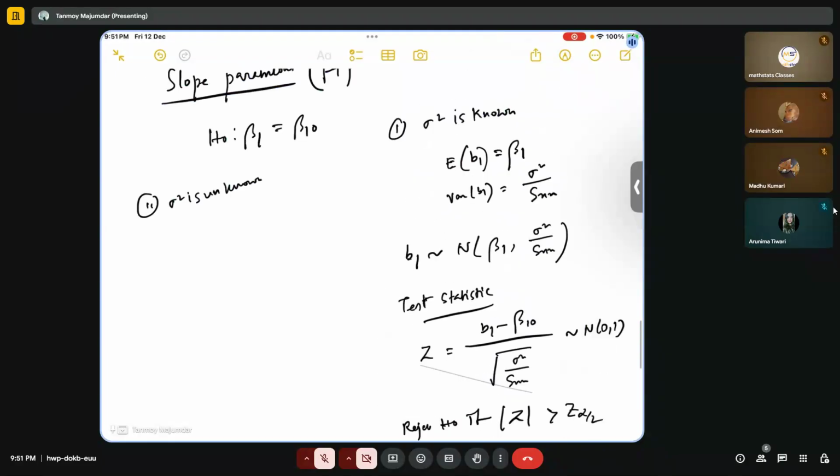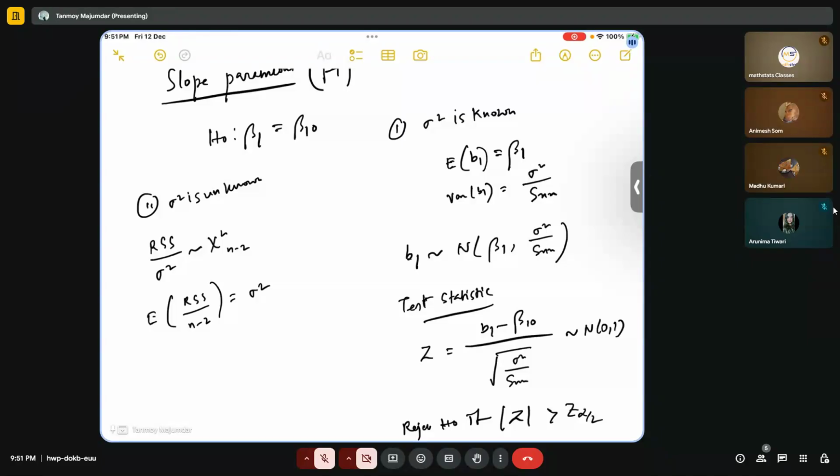Okay, so this is the case when sigma square is known. We have information about sigma square. What will we do if it is unknown? In that case, our residual sum of squares by sigma square follows what? Chi square with n minus 2. So using that we can consider the expectation of RSS by n minus 2, which is the unbiased estimator of sigma square, right?